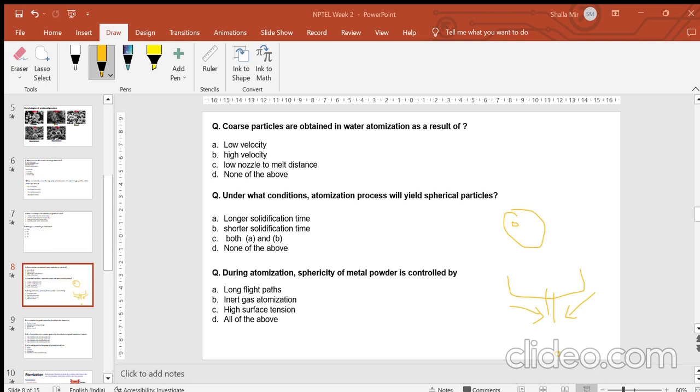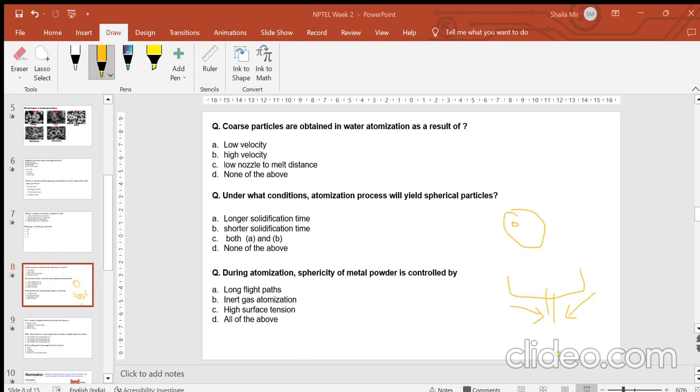The question is: in a nucleation and growth mechanism, the critical radius depends on surface energy, volumetric free energy change, growth rate, or all of the above. You have just solved a numerical on this. Based on the equation that you wrote there, what factors does the critical radius depend on?